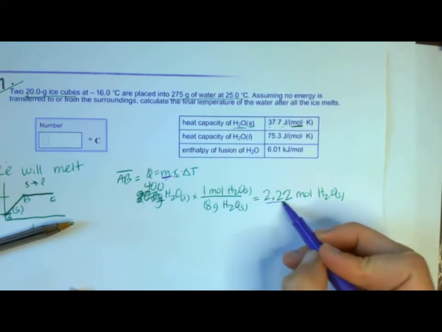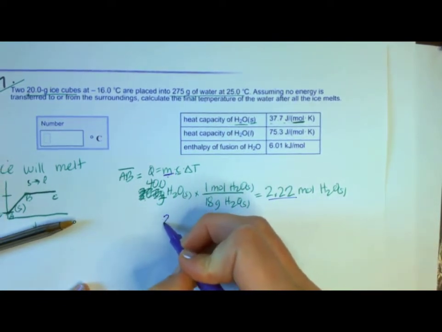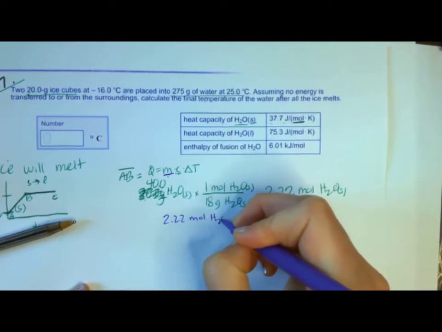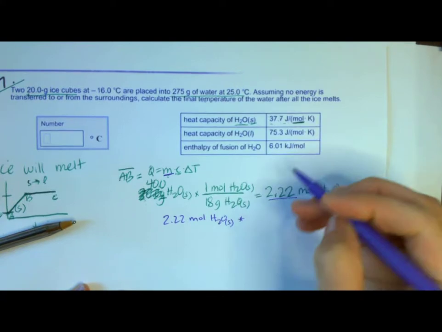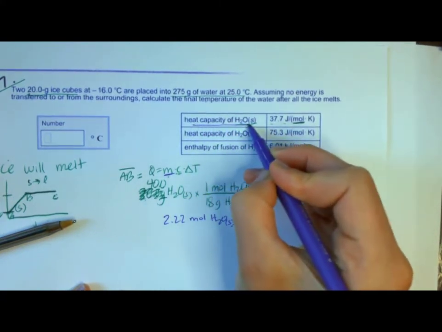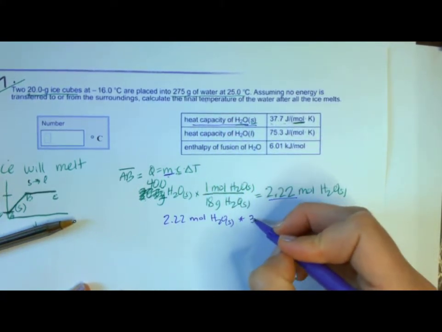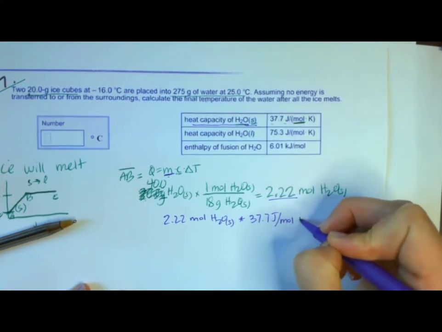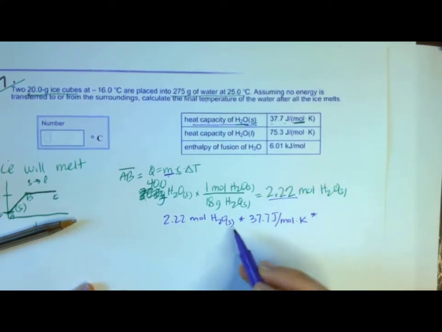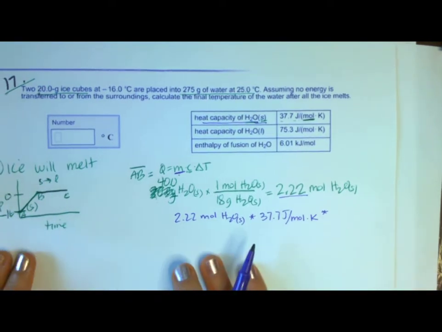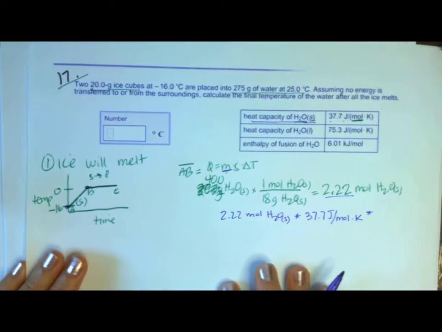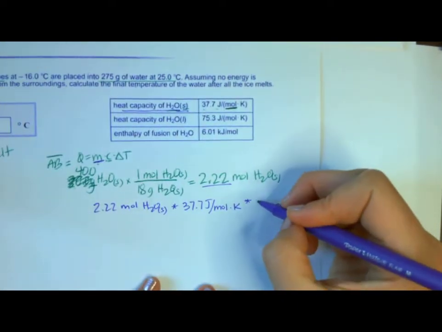So we have 2.22 moles of H2O times the specific heat, the heat capacity of water, 37.7 joules per mole Kelvin. And let's look at the delta T, the change in temperature from -16 to 0, which is a change of 16 degrees Celsius.